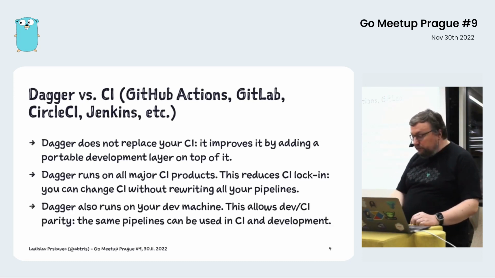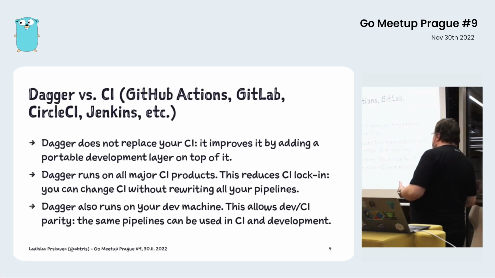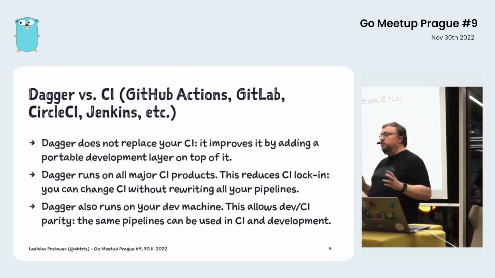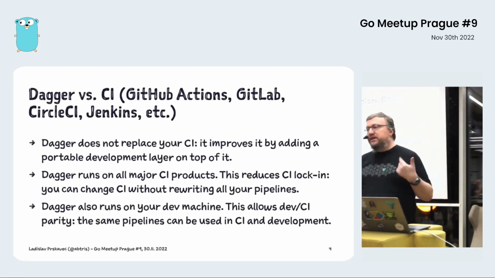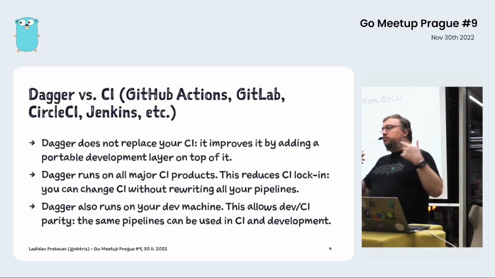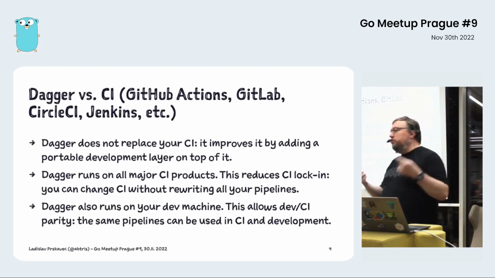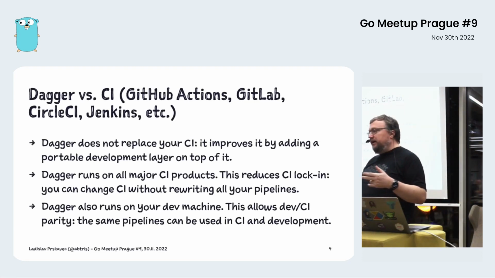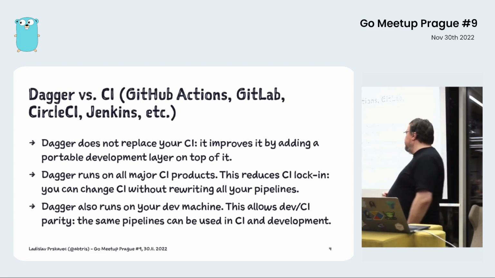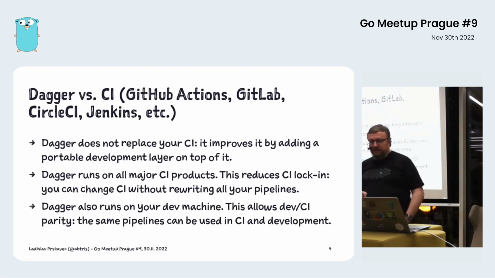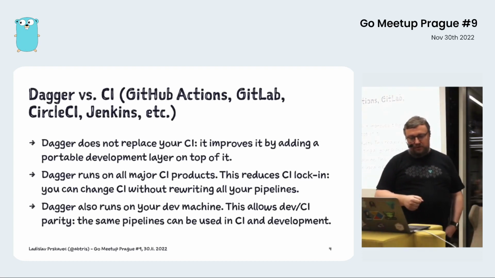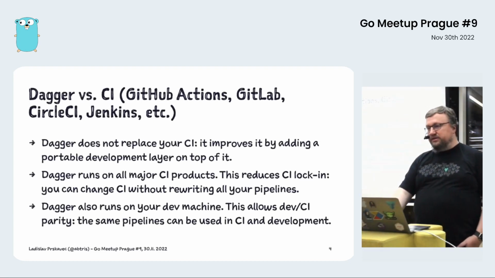Another big advantage is that Dagger runs on your machine in the same way it runs in CI. It's very easy to debug. If you don't have a problem on your machine, you don't have one on CI. It's running on the same things, and that helps with debugging, which is quite painful, especially in many CIs driven by YAMLs.